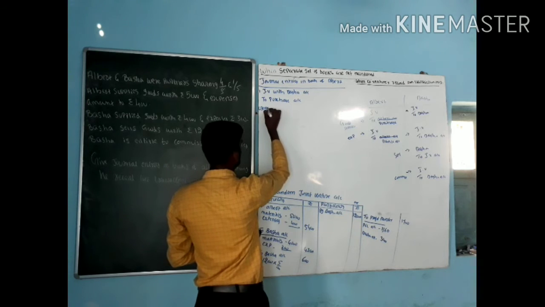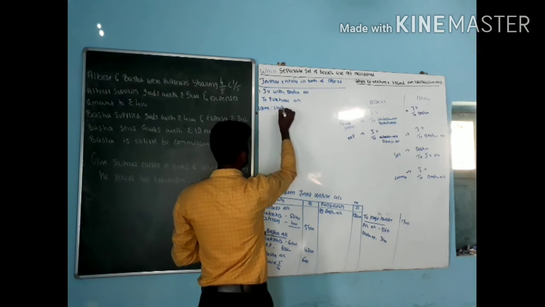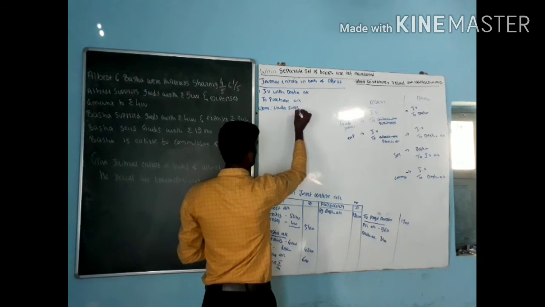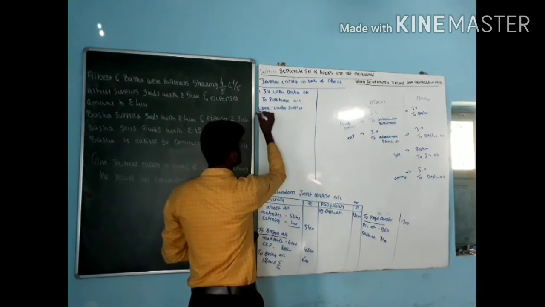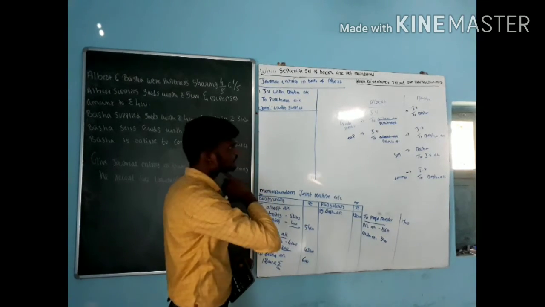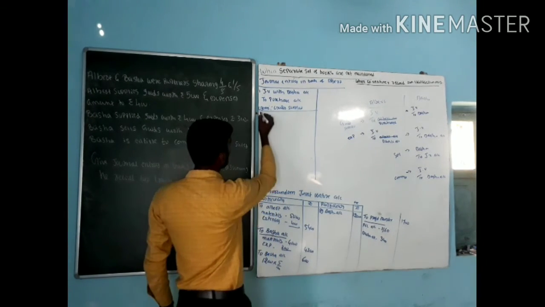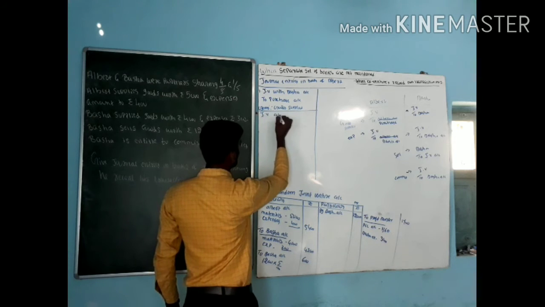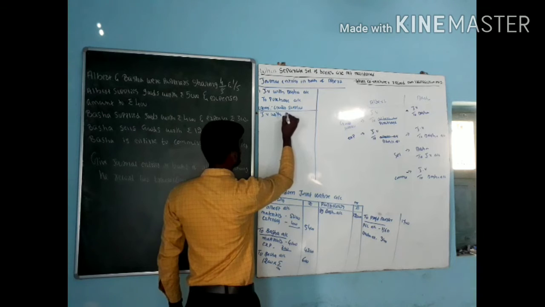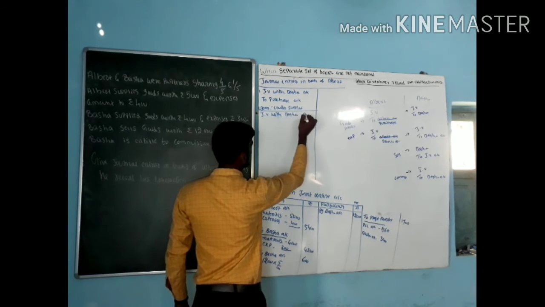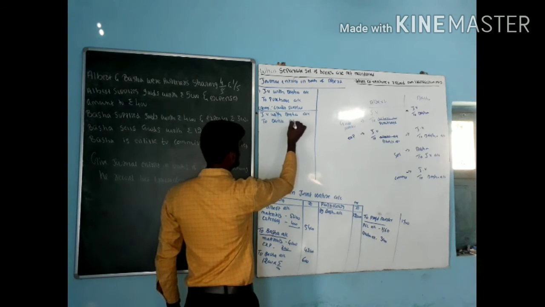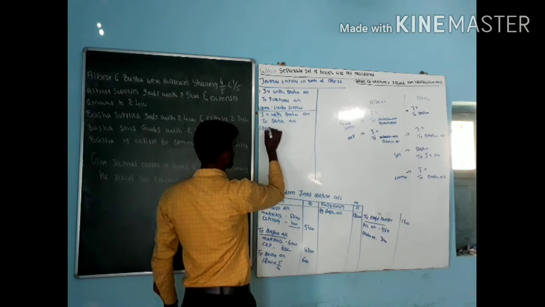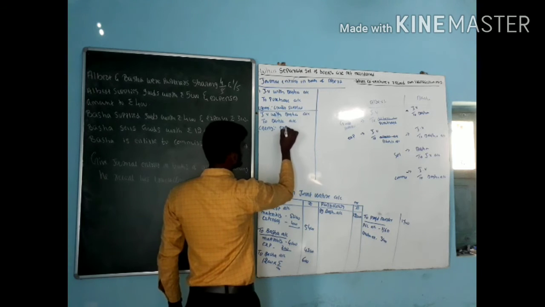That is goods supplied. Next one, joint venture with Basha account debit to bank account, that is expenses paid.